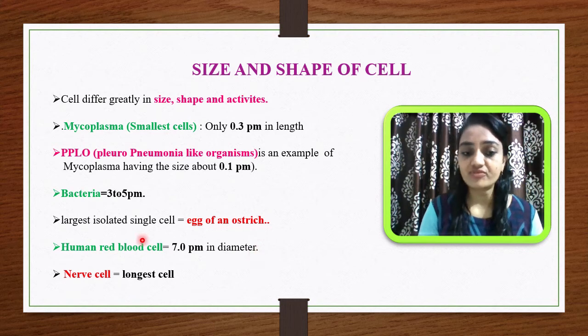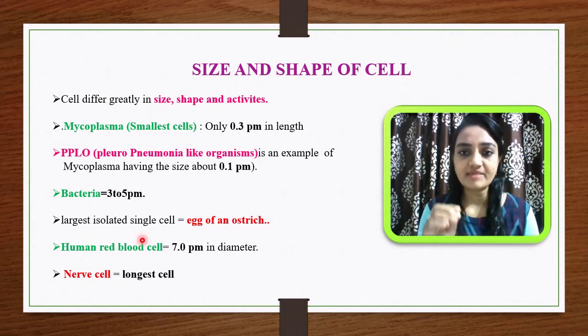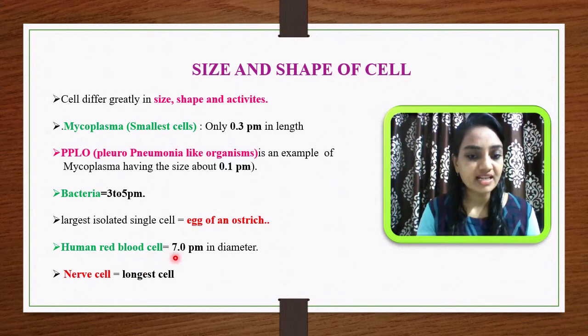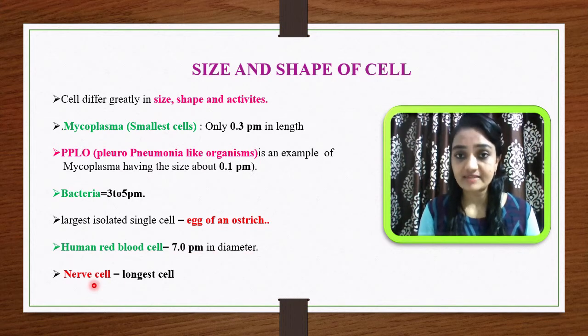And it is very important to note that the human red blood cell is a cell in which the nucleus is totally absent. Nucleus is not present in the human red blood cell. Then nerve cell, our brain cells, is the longest cell of our body.